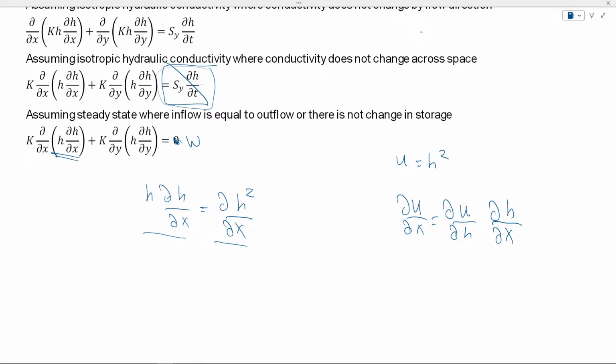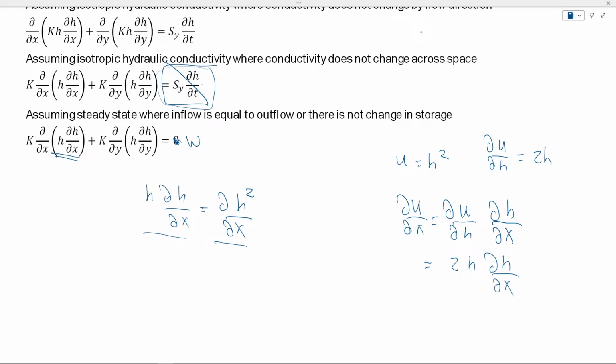This is the chain rule, because this can cancel with this. So partial u with respect to partial x is equal to what? Partial u with respect to partial h would be 2h. Do you agree? That would be 2h, and then partial h over partial x.